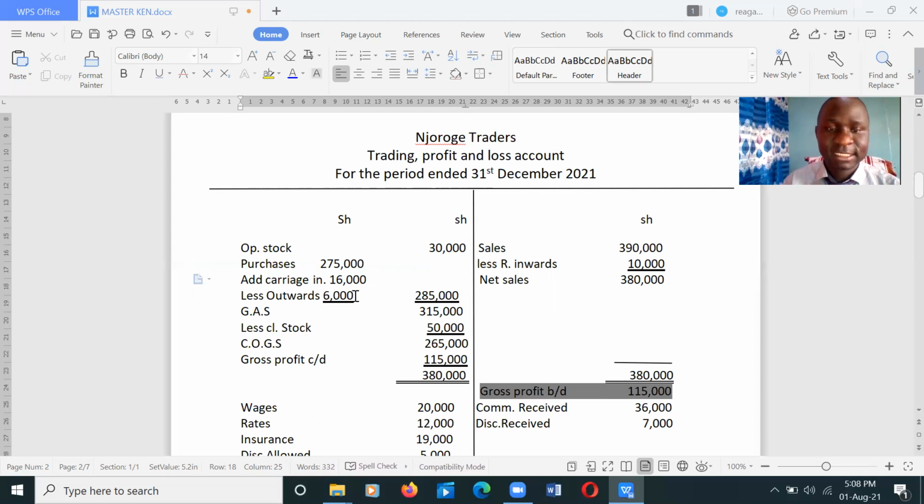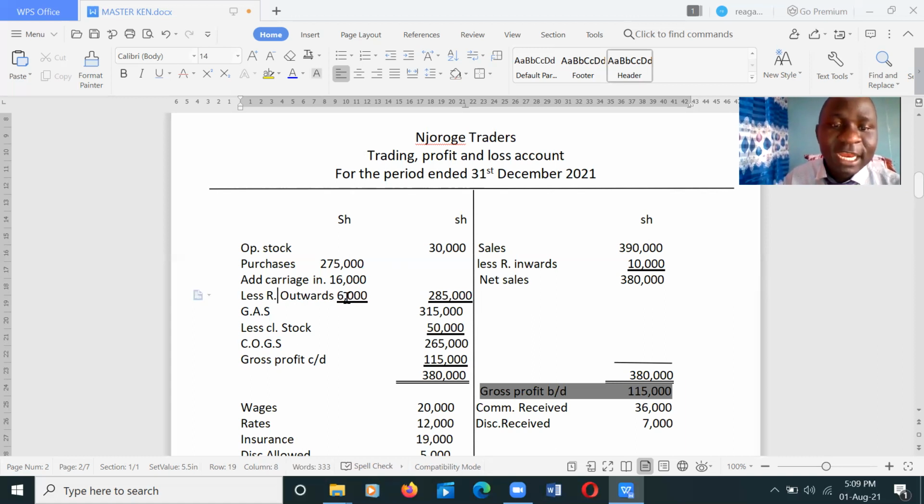Then you less return outwards. Return outwards are goods that the business does not need, so they return them to the supplier. So it's important to indicate that it is less return outwards, 6,000. So we take 275,000, add 16,000, and then less 6,000.